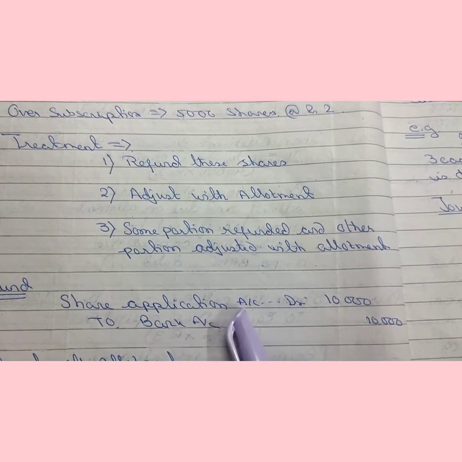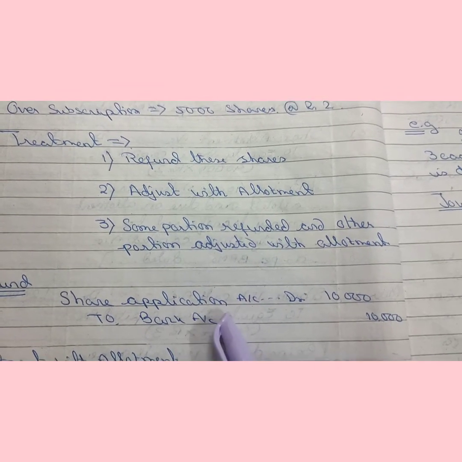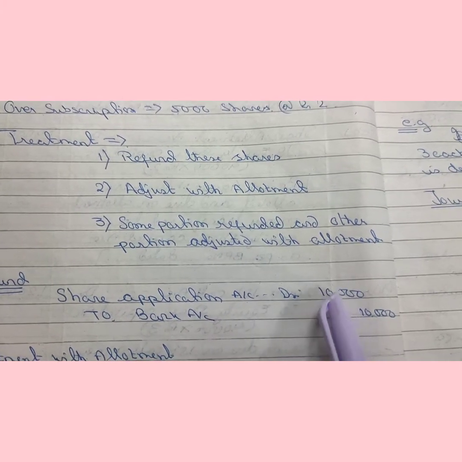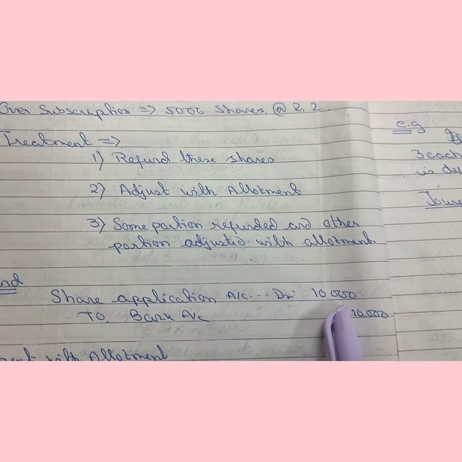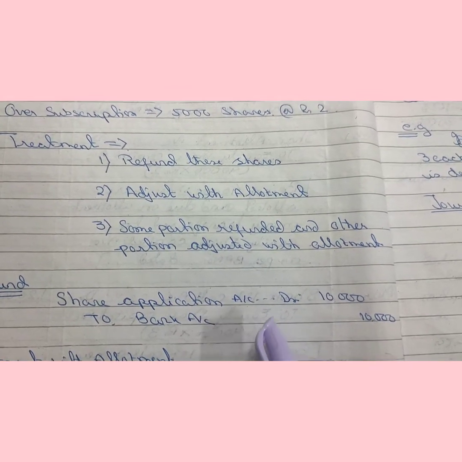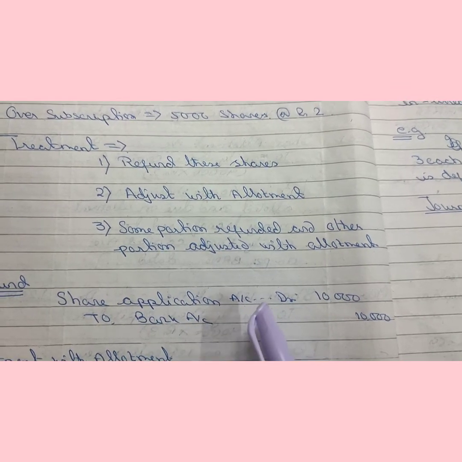Excess application money may be refunded by the company with this entry. The entry is share application account debit to bank account, and the amount is 10,000. Here I have written this because in our example, per share application money is rupees 2 and 5,000 shares are excess.